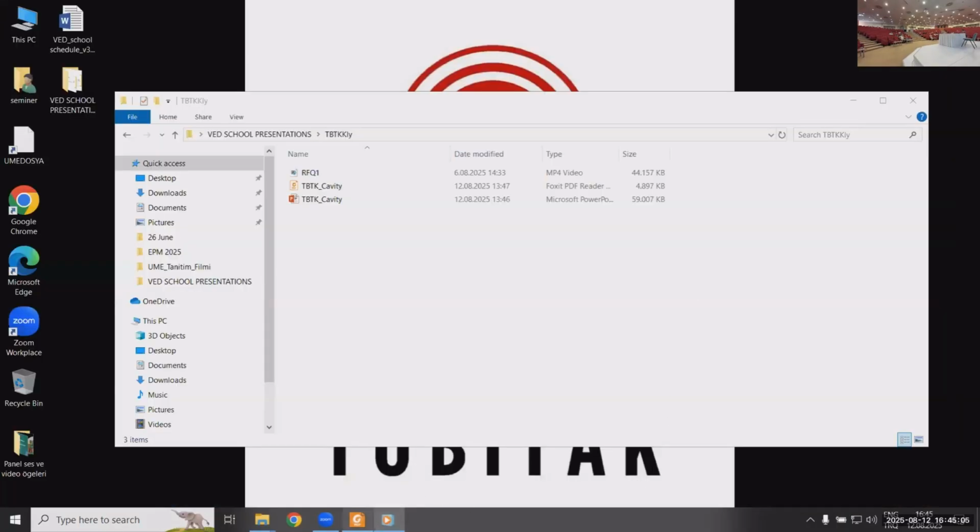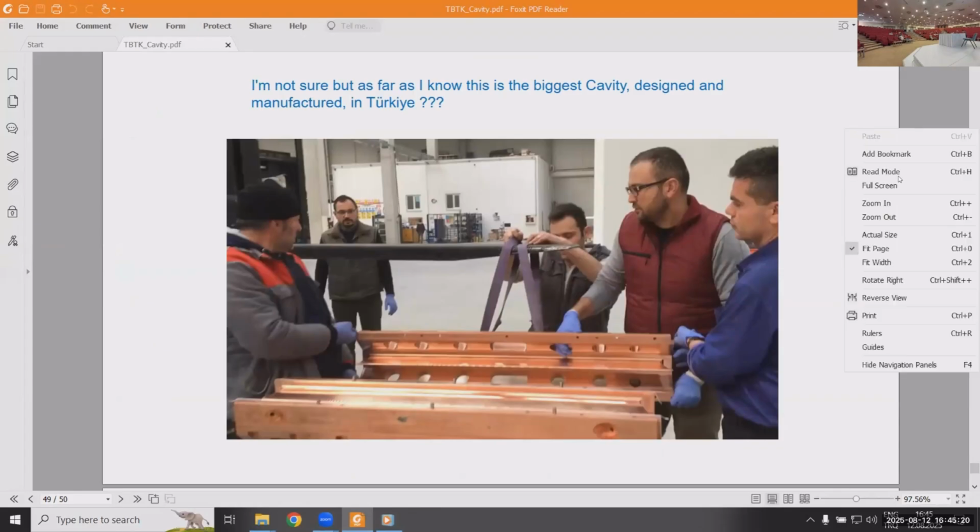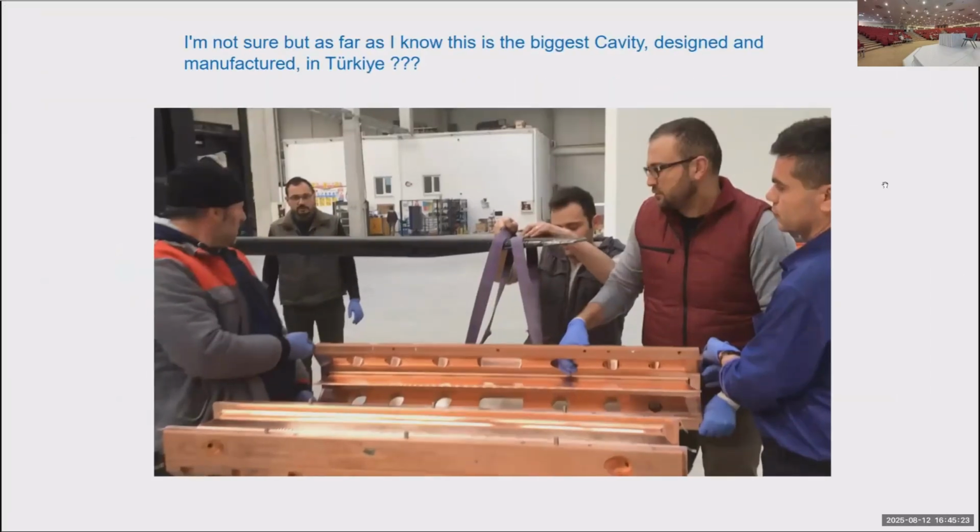Why did we do this? To gain experience. One component that we had outsourced is the local tetrode amplifier, and I'm going to talk about that next.